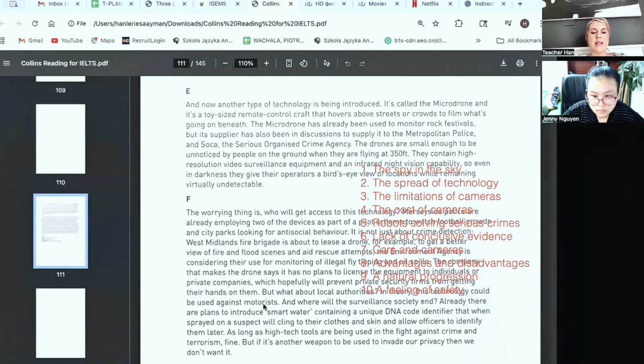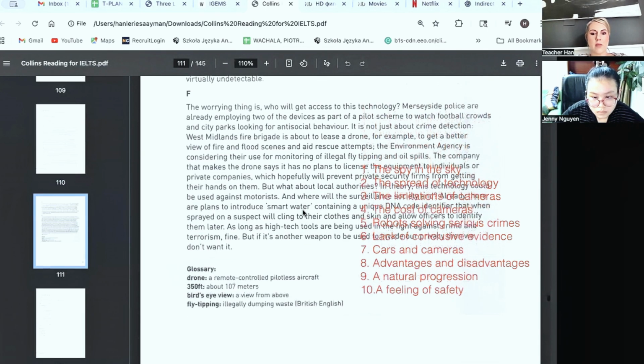And what about passage F? Advantage and disadvantage. Yes, well done, Jenny. That was excellent. Any questions on any of these? Do you know why we chose those specific headings? Yeah. Okay, that is good.